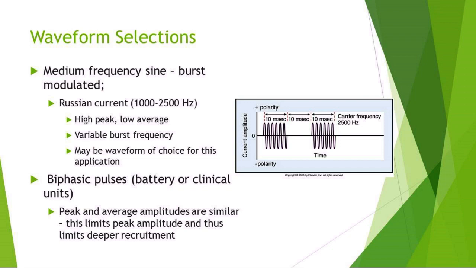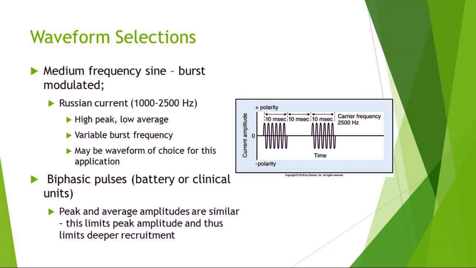So some people feel like Russian is too bitey. If you have a person that's really sensitive that you need to use this on, you might want to go with a less bitey application. Biphasic pulses can either be battery, like a TENS unit, and we're going to do it with all these different units in lab, and you're going to see what it feels like.